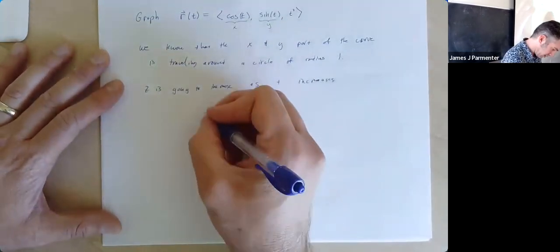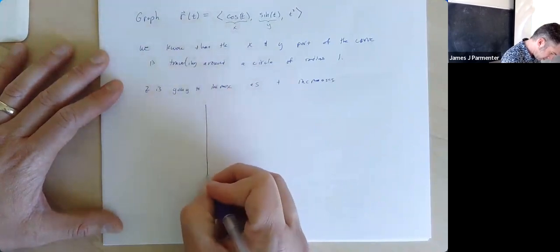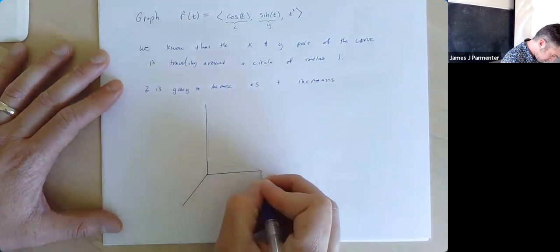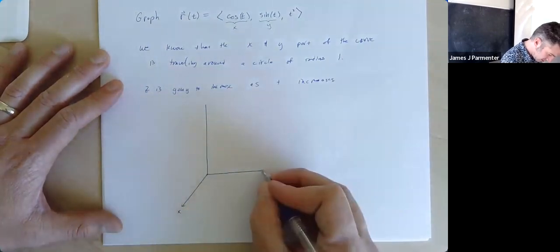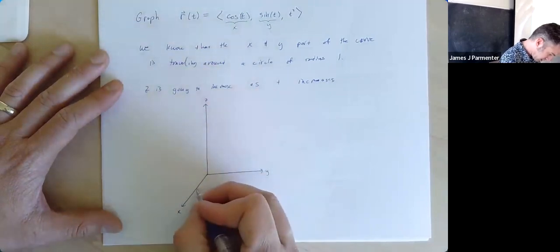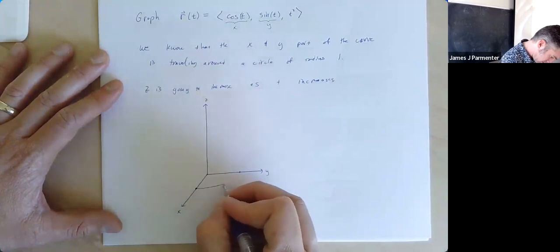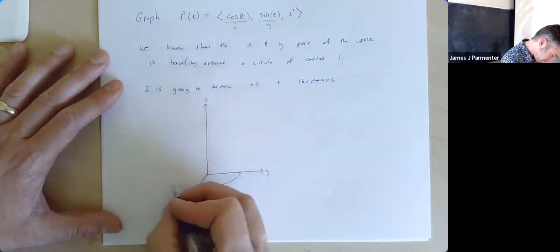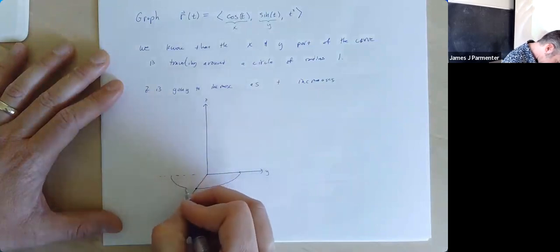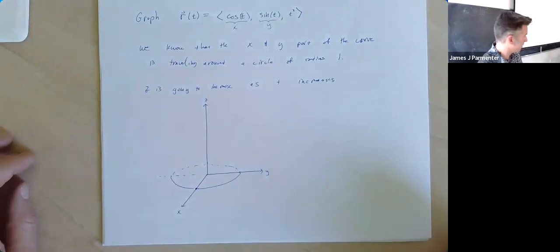So if I were drawing this, which I am, X, Y, Z. So here's my circle of radius 1.